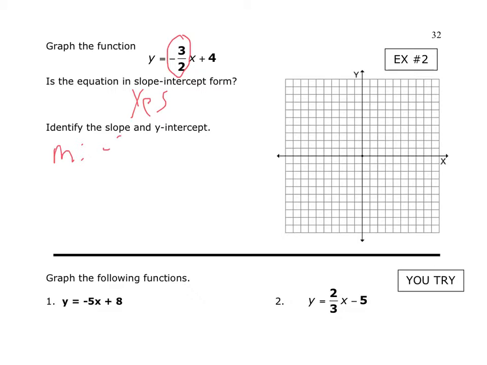So we have a -3/2 slope, or a rise over run of down 3 over 2. And our y-intercept, or b, is the number after that, a +4.